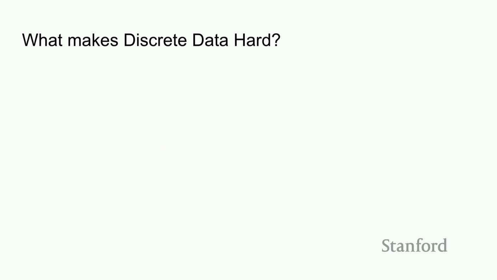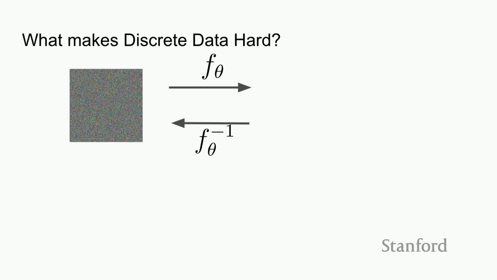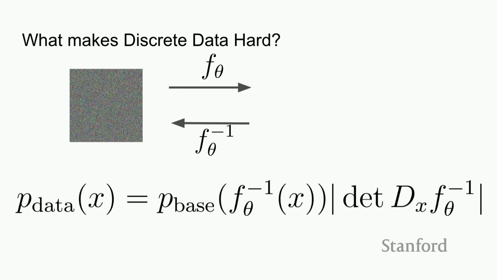And we can go through some examples here, but let's say for flows, we have this coupling where we take noise to data, data to noise through our F theta or an F theta inverse that you guys have seen. The way that this works is that you can stretch and pull your space. And this allows you to model a complex data distribution with a simple base distribution and a change of variables formula as such.